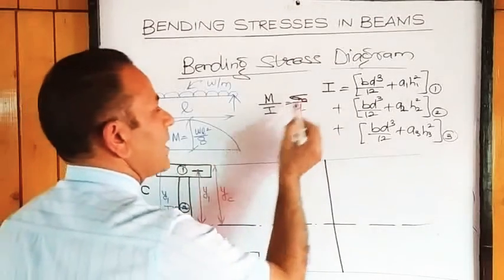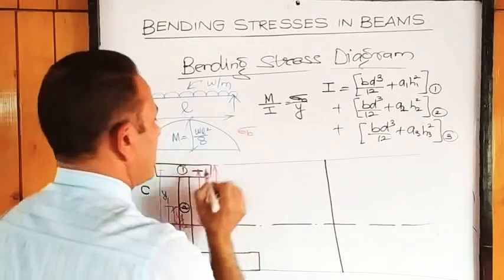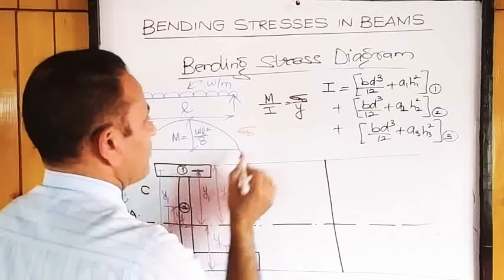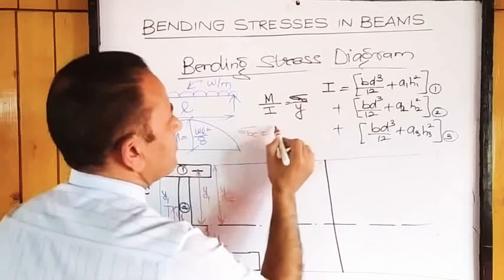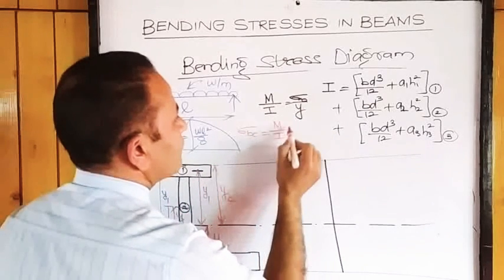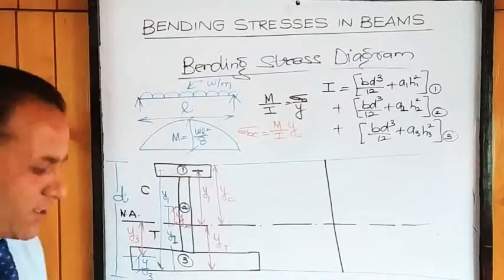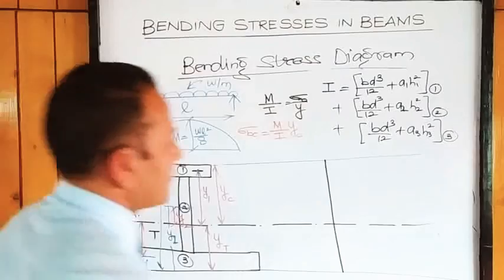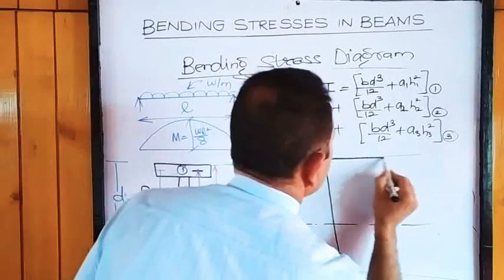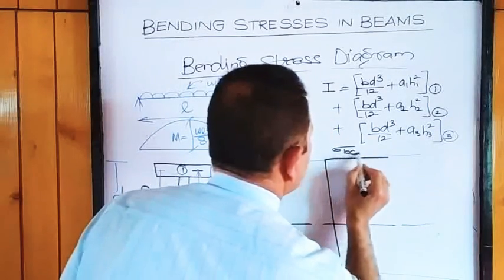We will find out the bending stress. Sigma bending corresponding to this compression will be equal to M upon I, multiplied by YC. So we'll get a certain value here which will be plotted as sigma BC.